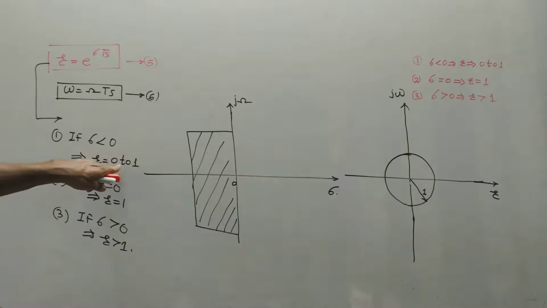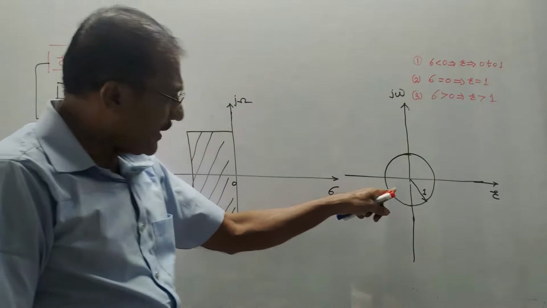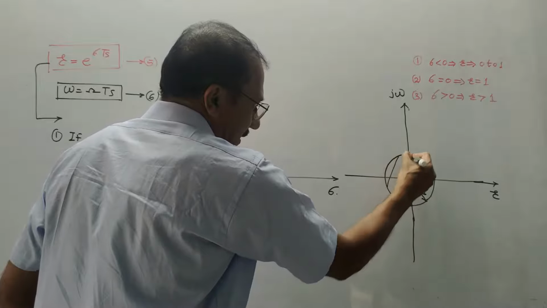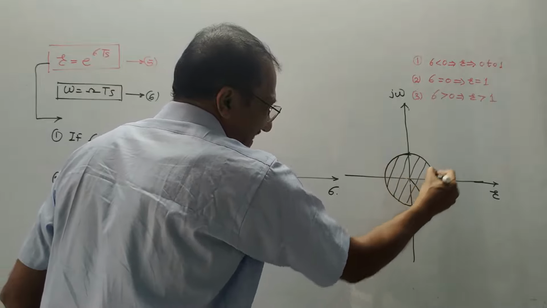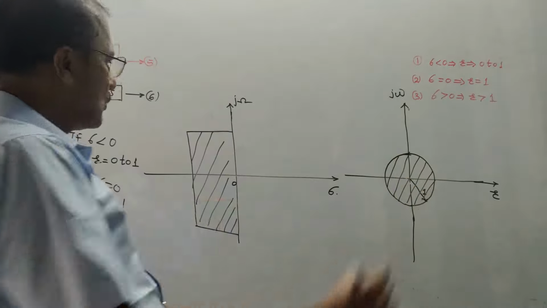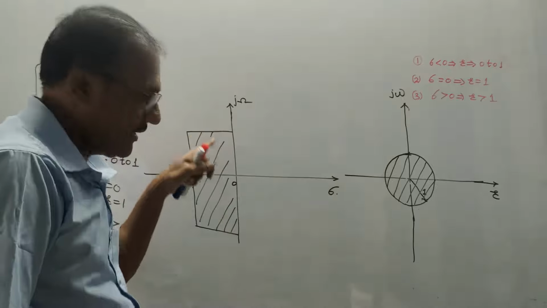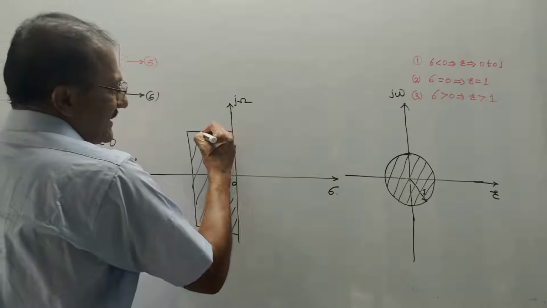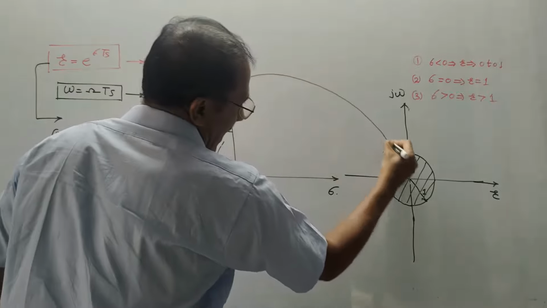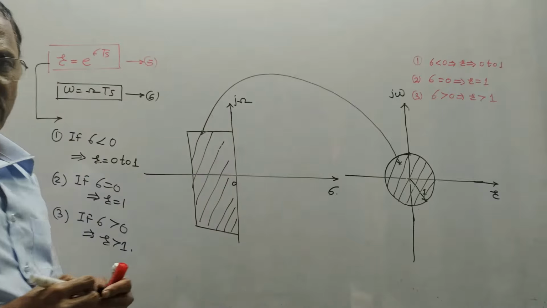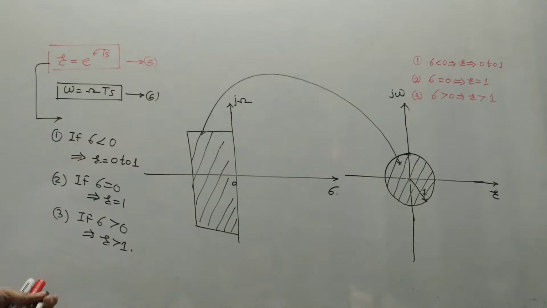The corresponding value of r for this is 0 to 1. 0 to 1 is which portion? This is the circle of radius 1. So 0 to 1 is the portion which is inside the unit circle. So we can say that the left hand side part of the S plane, Laplace domain, gets transformed or mapped inside the unit circle. Unit circle is the circle of radius 1. This is one mapping condition.